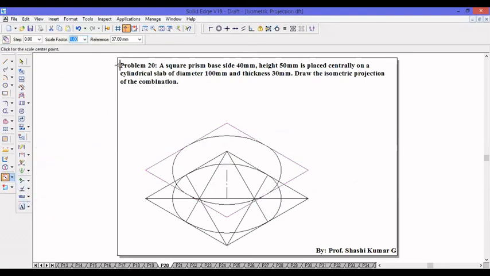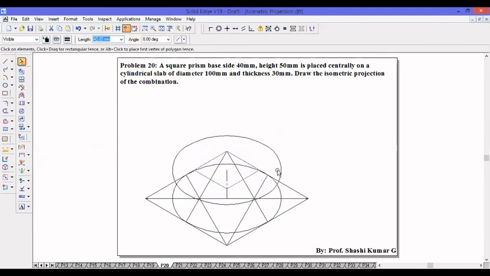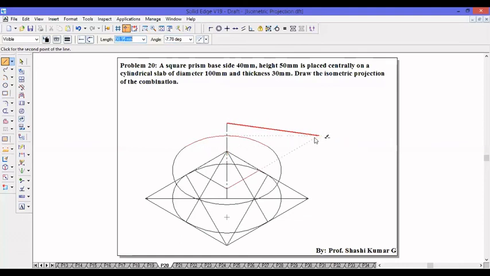The required square is 40 mm, and we already have a 100 mm square. So 40 by 100 will be the scale factor; place it on the top end. Then from that center take the height of the square prism, 50 mm, 90 degree axis.